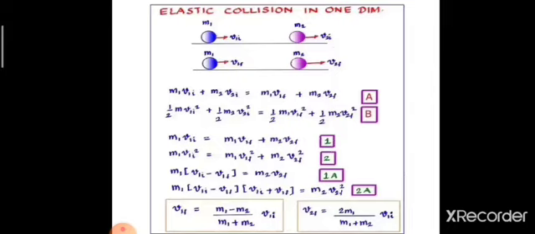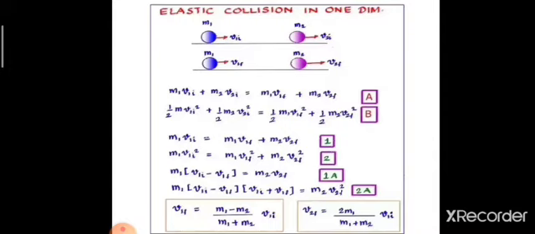Taking m1 as a common factor from the first equation, we get m1 into v1I minus v1f is equivalent to m2 v2f. Similarly, from the second equation, m1 into v1I square minus v1f square is equivalent to m2 into v2f square.